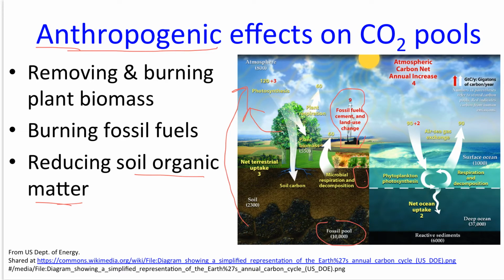All of these things can lead the organic matter in the soil then to be more likely to break down and to then get released back into the atmosphere. So that's 3 different ways or so that we can release carbon dioxide: by burning vegetation, burning fossil fuels, and disturbing soil in a way that lets the soil release its carbon back to the atmosphere.